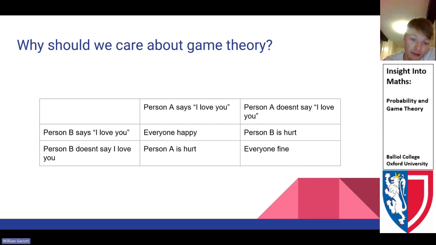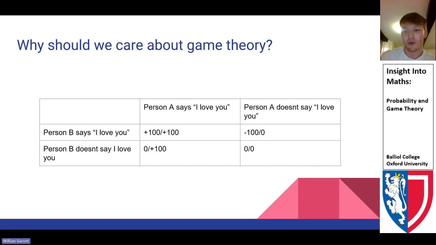What game theory gives you is a way to make mathematical sense of this kind of situation, where different people who take different actions have different rewards based on what each other do. If we were being really pessimistic about life, we could convert this into a mathematical game where people get different outcomes in these different scenarios.